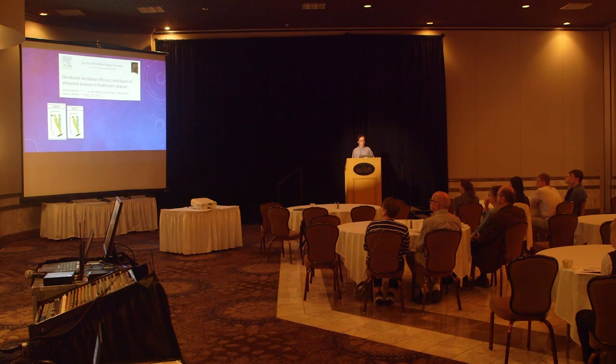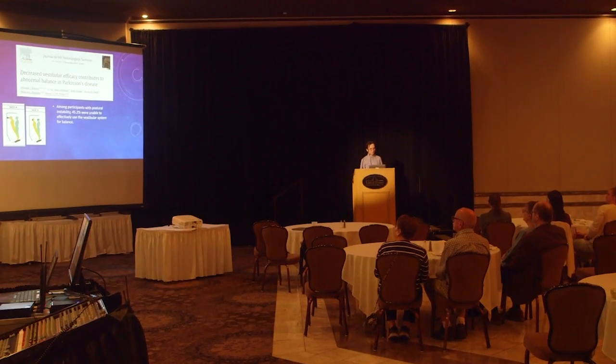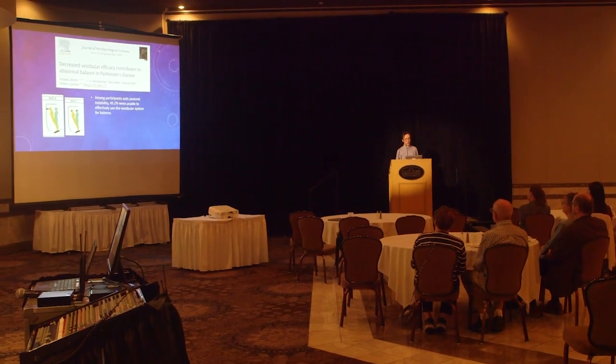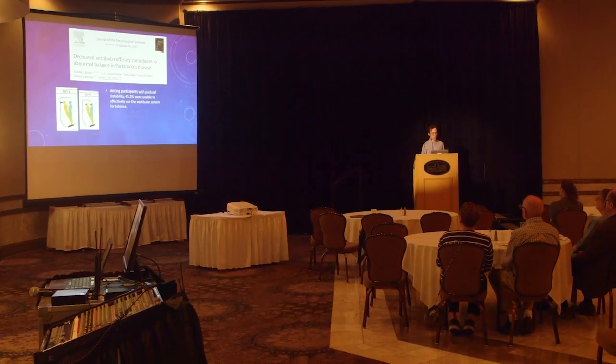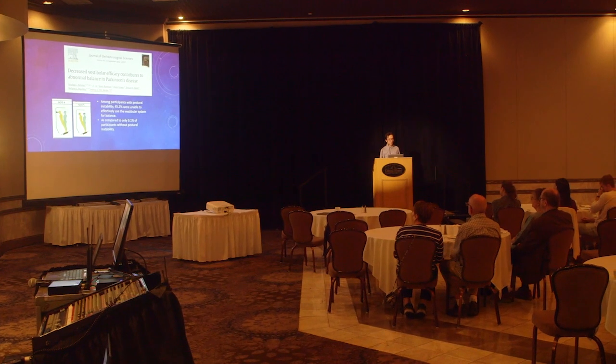And so what we found is in this subgroup of patients, they had difficulty with maintaining their balance on two conditions. So the most pronounced deficit was, again, on the condition where the proprioceptive input was unavailable and the visual input was also unavailable. 45.2% of individuals with postural instability actually had a fall on that condition. That is as compared to only 9.1% of individuals without postural instability.